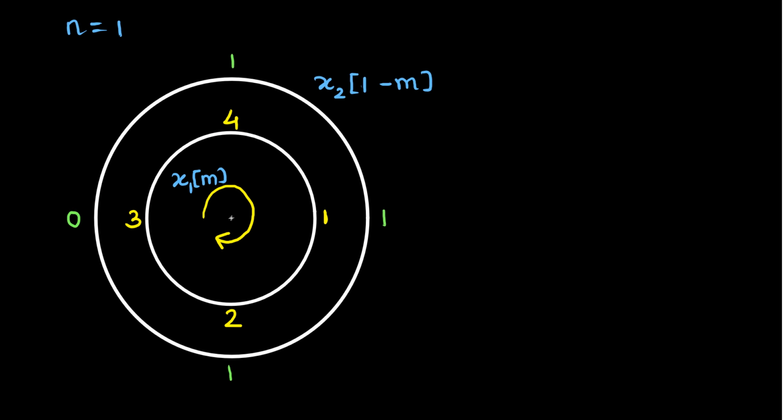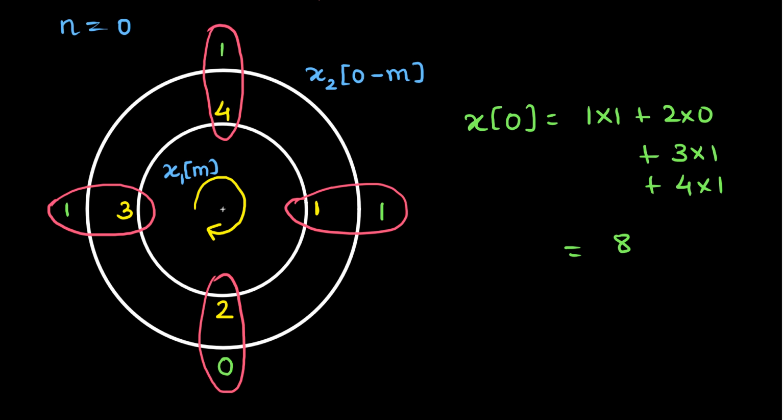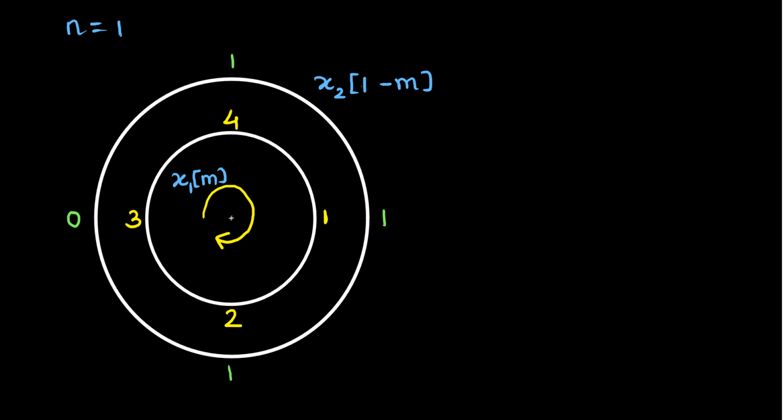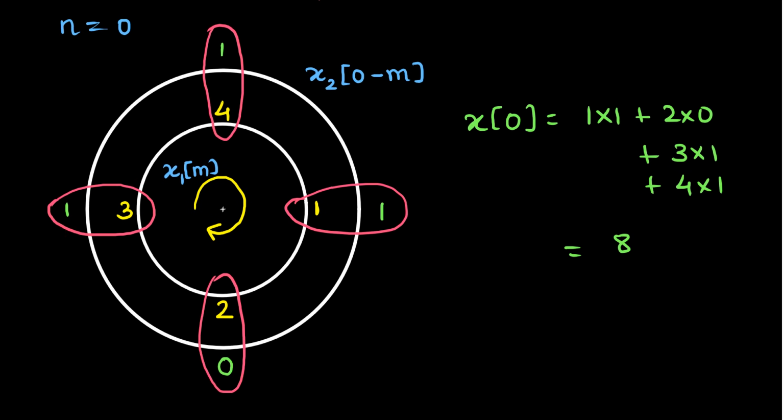So the one which was present here is now available here, the one which was here is now available here, the 0 which was initially here is now located here, and the one which was located here is now available at this position.